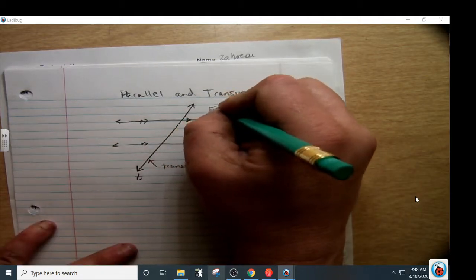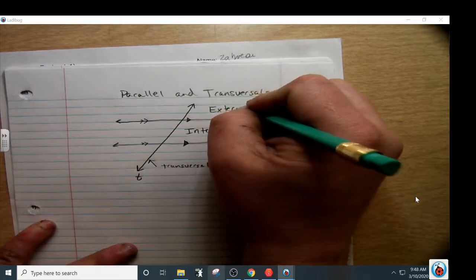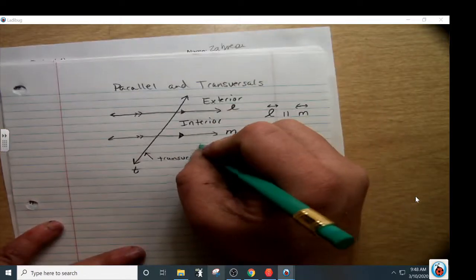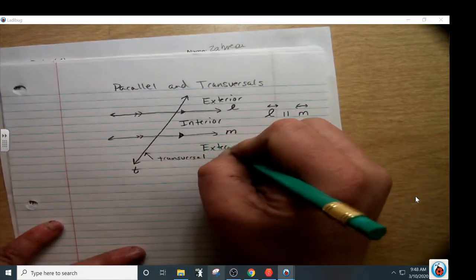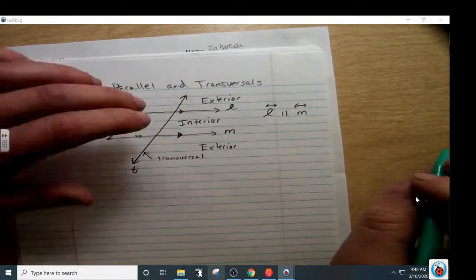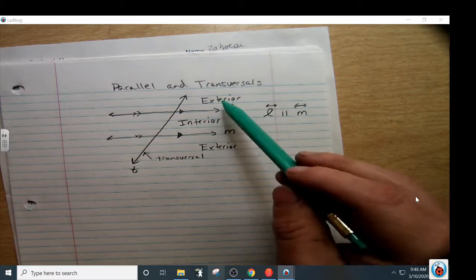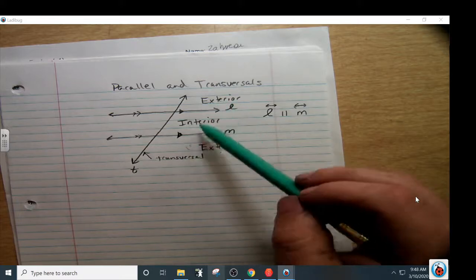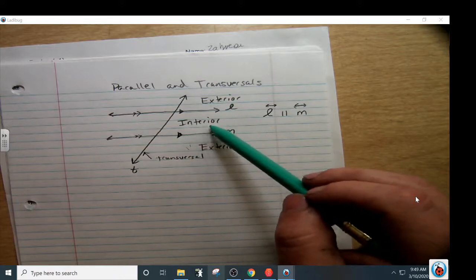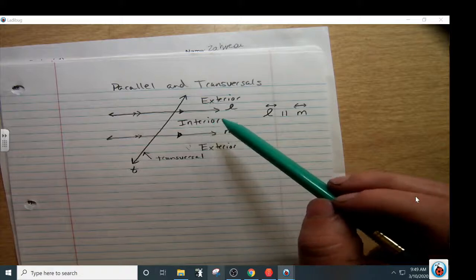If they're on the outside, they're known to be exterior angles. Exterior could be anything outside the parallel lines; interior's got to be inside.